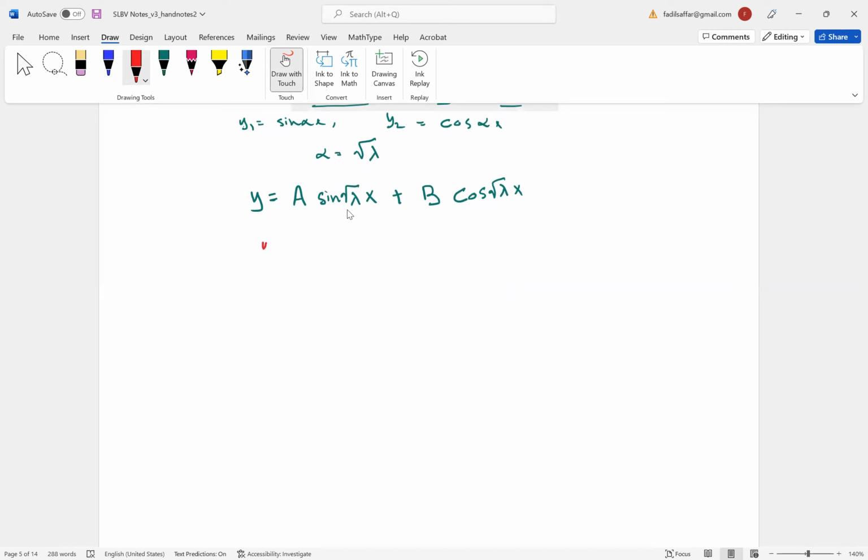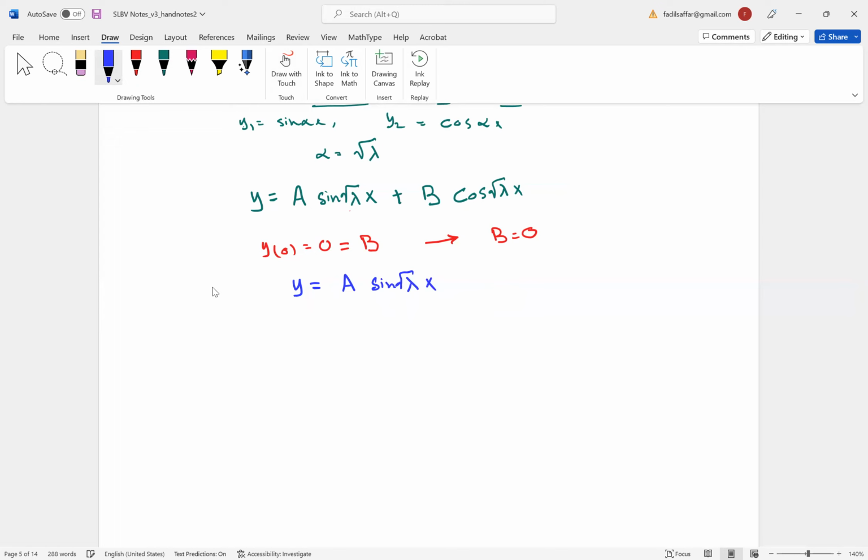The boundary condition here is y at 0 equal to 0, and that means this sine part will be 0, and this cosine part will be 1. So we'll have this equal to just b, and we conclude that b equals 0. So if we rewrite, just to make it clear, now our y is just this form, because we know that b is 0.